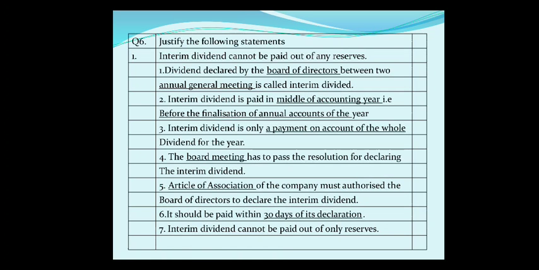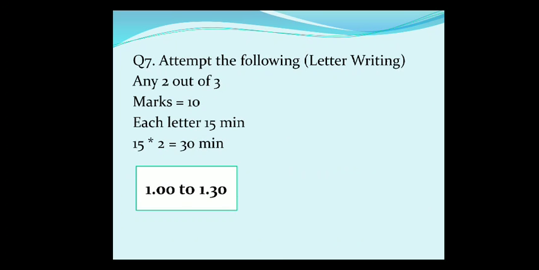In question number 7, attempt the following. This question is on correspondence. Any 2 out of 3. 5 marks for each letter. You can take 15 minutes for each letter.